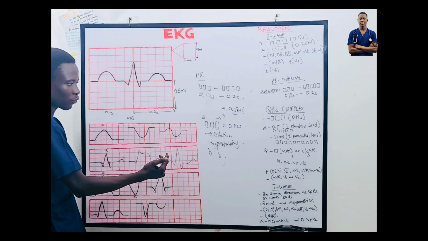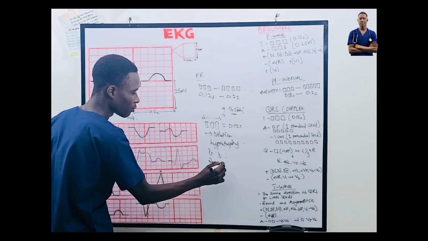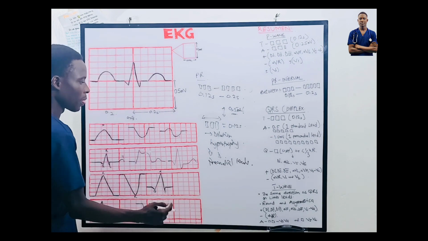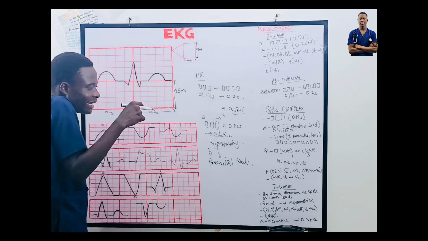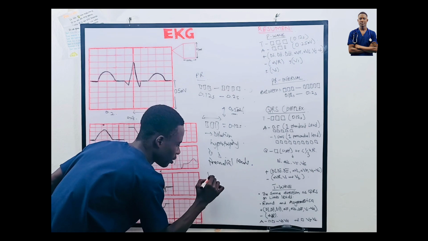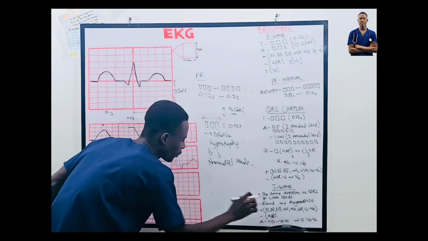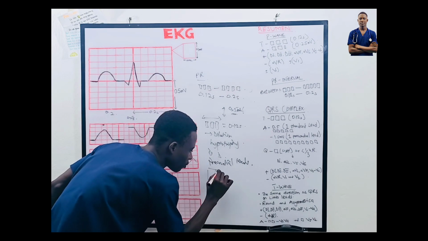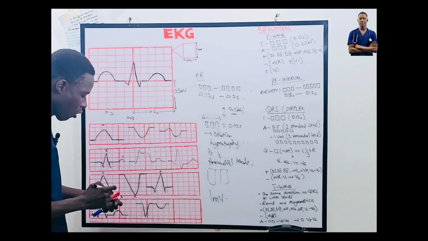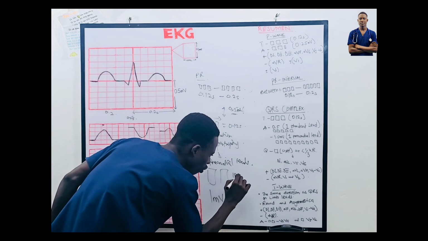So we should take note of that. And then on the precordial leads, there must be at least a lead in there which will record 2 big boxes, which is 1 millivolt. Or if we talk about the small boxes, 10 small boxes.